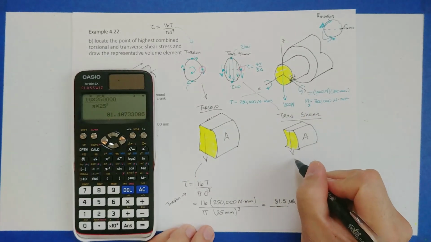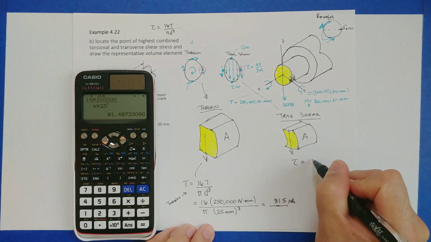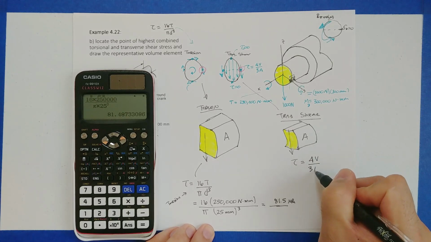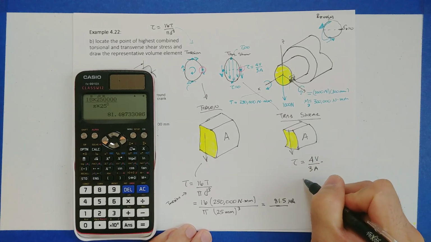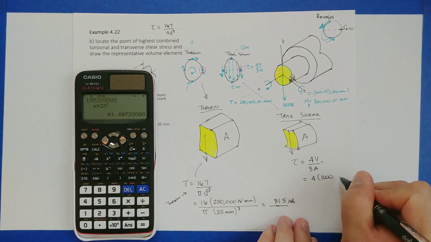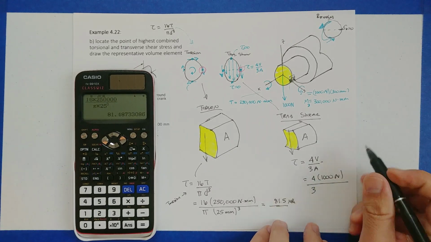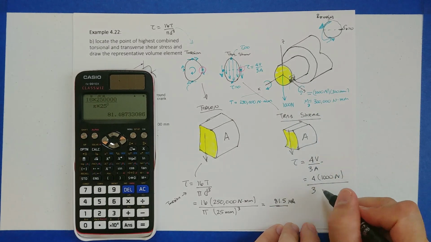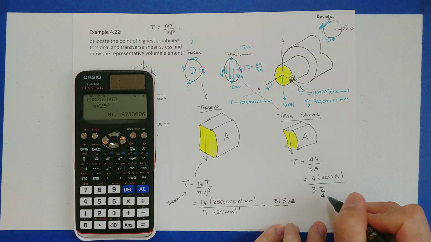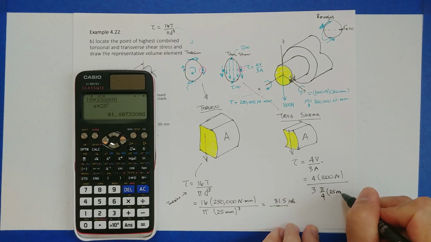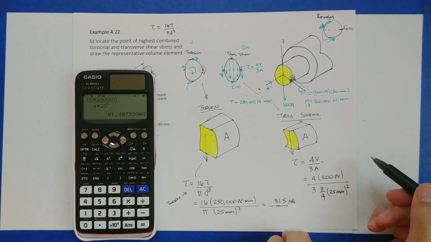The value for that transverse shear stress is 4 times the shear divided by 3 times the area. Just put it here at the bottom. So it's 4 times 1,000 divided by 3 times the area. Well, the area of a circle, when they give us a diameter, is pi by 4 times the diameter, 25 millimeter squared.